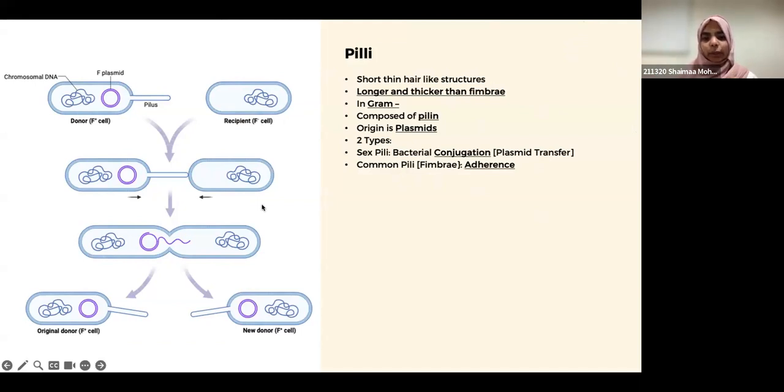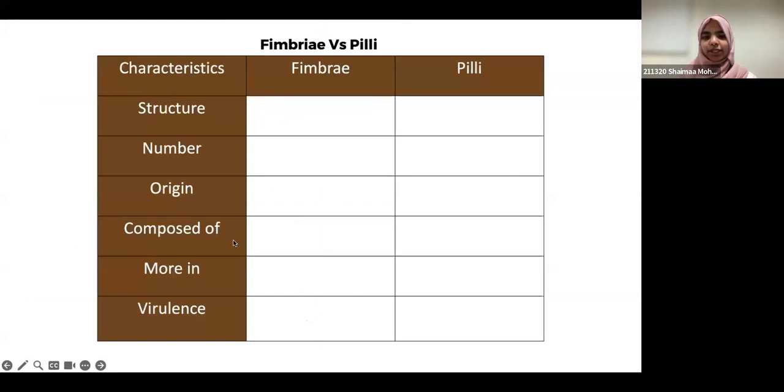So now let's revise the differences. Fimbriae, what's the structure? They're short and thin, and pili are longer and thicker. Okay. What about the number? I did not mention this, but maybe you can tell from the images.